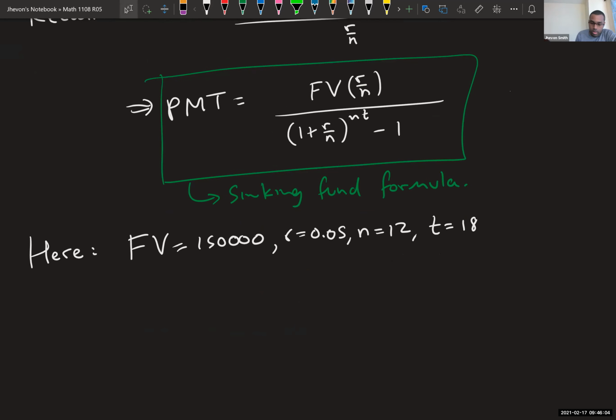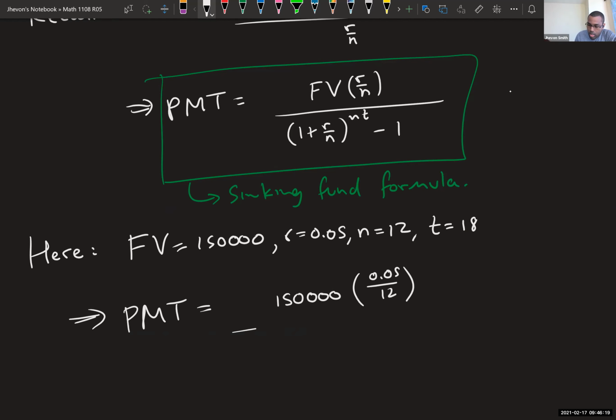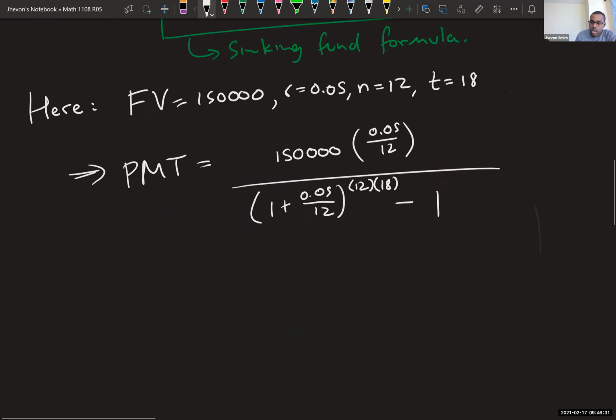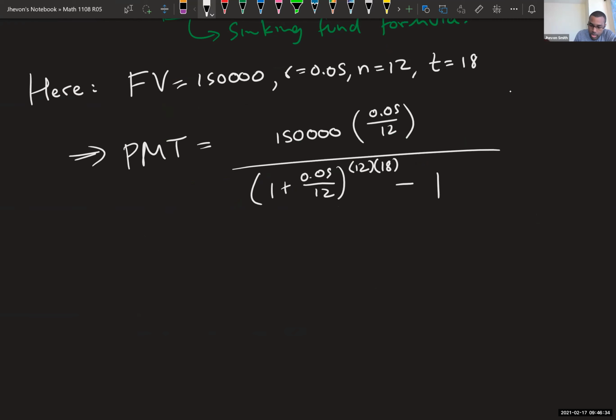Which means, using the formula above, my payment needs to be, well, 150,000 at 5% compounded monthly. So again, I'm assuming I can get 5% compounded monthly, 12 times per year for the next 18 years. And that is what my payment needs to be.